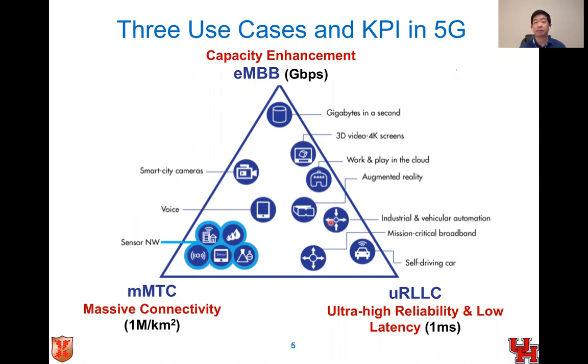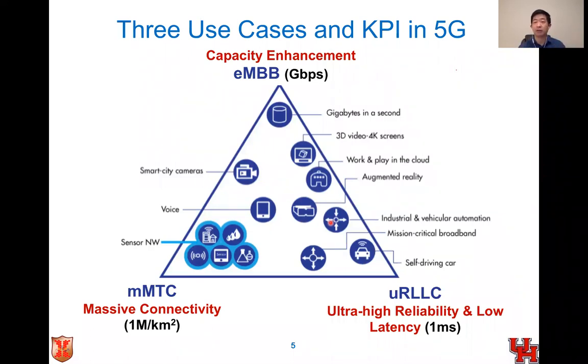There will be billions or trillions of devices on the ground, and how can you make them connected? In this case, mMTC is a solution. On the right-hand side is ultra-reliable and low latency. URLLC is basically for unmanned driving or gaming. You need a very quick response so that the car will not hit another. So when you talk about 5G, these are the three major problems, and it's a triangle.